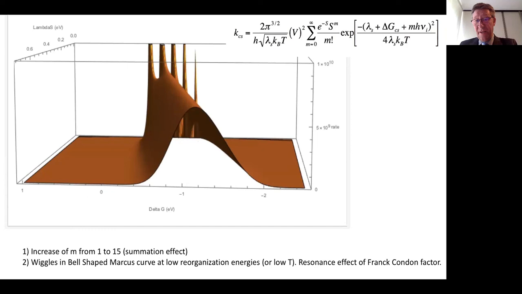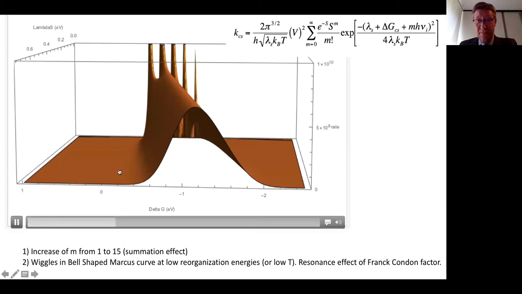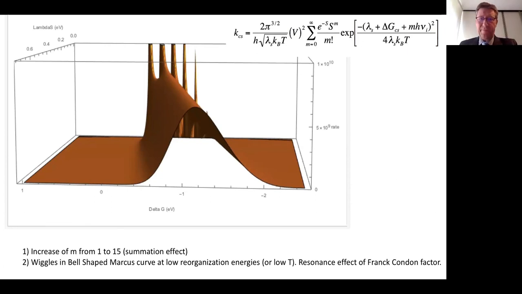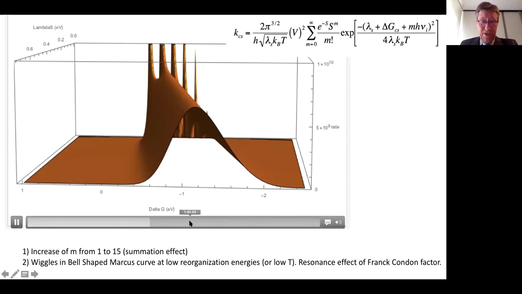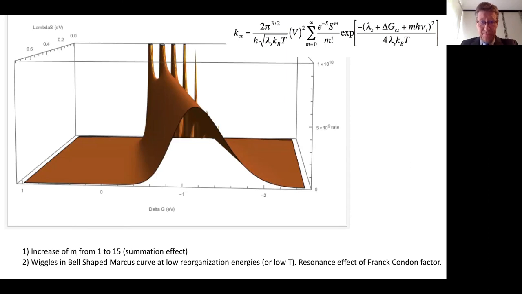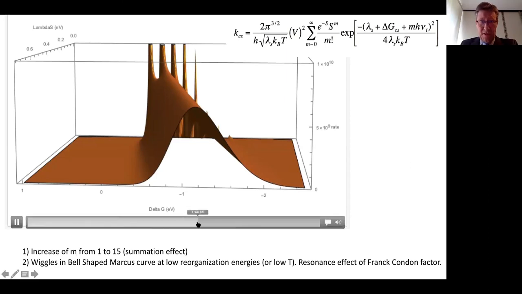But you see that the extra additions become smaller and smaller as m, this factor in the summation, increases. And so you don't have to go very far. Now, the peaks in the background, let's call them intriguing. If we approach these peaks, now we see 1, 2, 3, 4, 5, 6, 7, 8, 9.